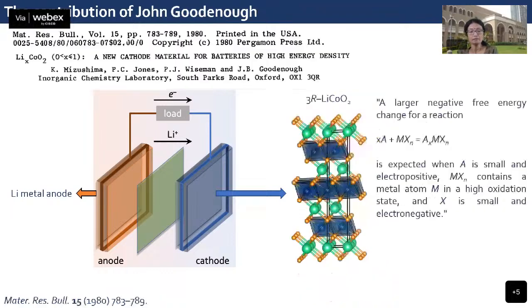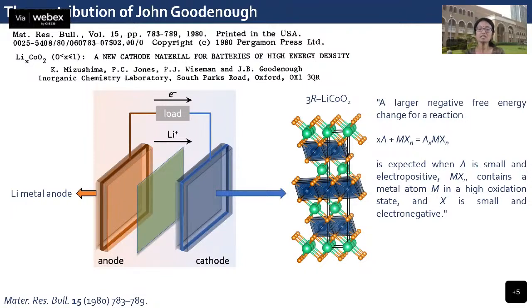So now coming to the contribution of John Goodenough. The previous work by Whittingham was in 1976. In 1980, the idea was that we can have a lithium metal anode, but why don't we have some lithium in the cathode also?